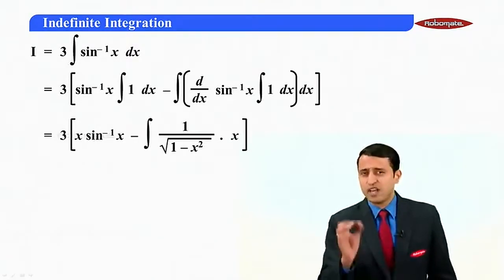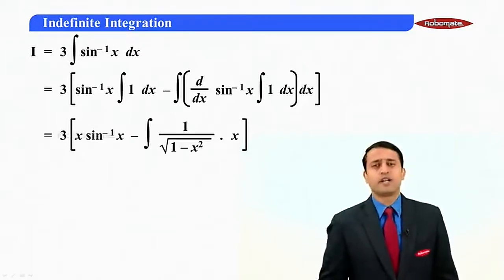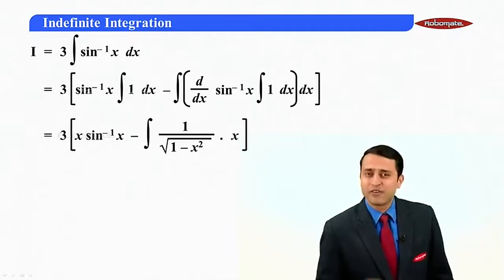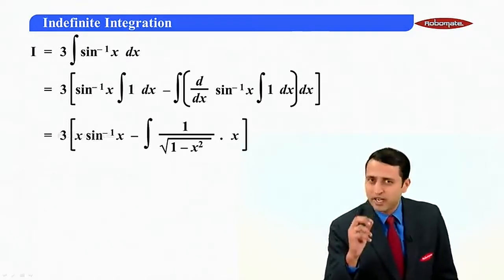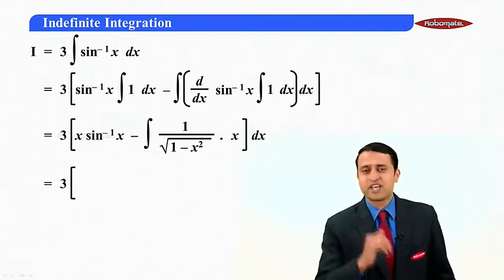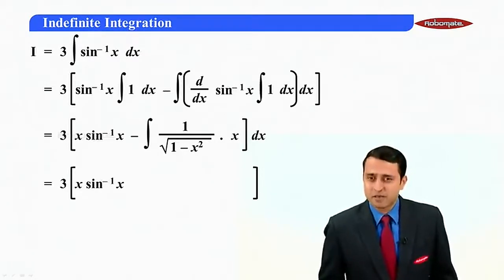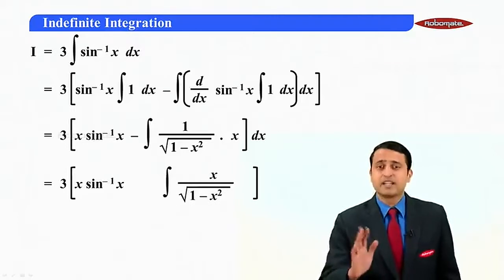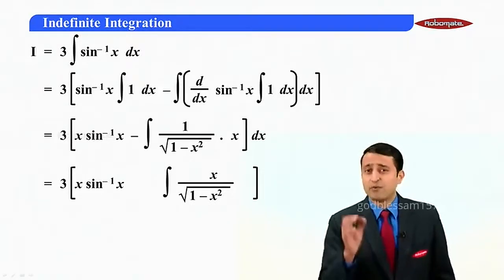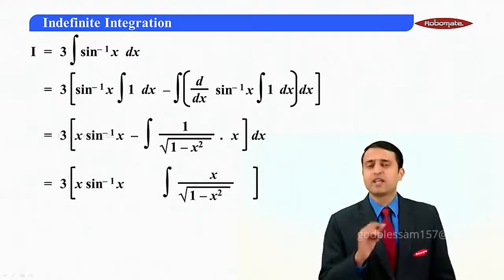Now my dear students, we are left with one small integral to be evaluated. We do observe that the difference in the degrees of x in the numerator and denominator is 1. So we can adjust by derivative. Let us check that. So x sine inverse x remains as it is. Now let me write the integral. What we need to do is adjust the derivative of 1 minus x square in the numerator.